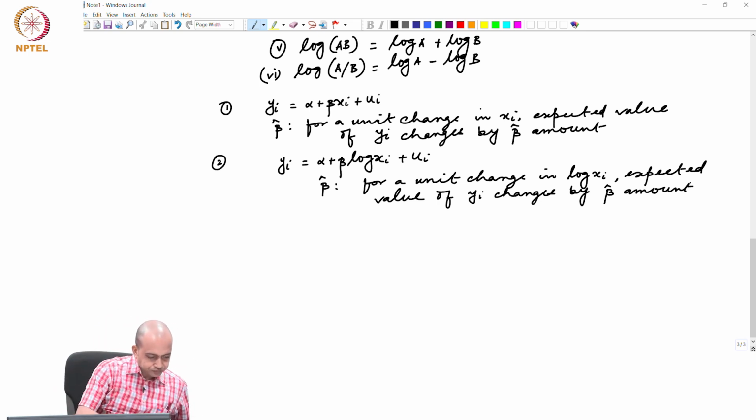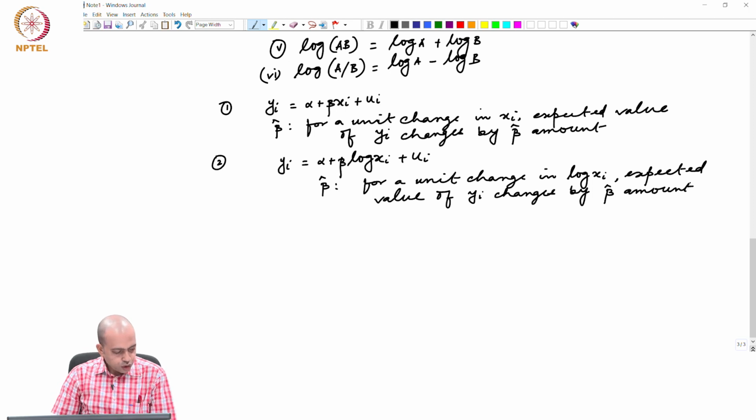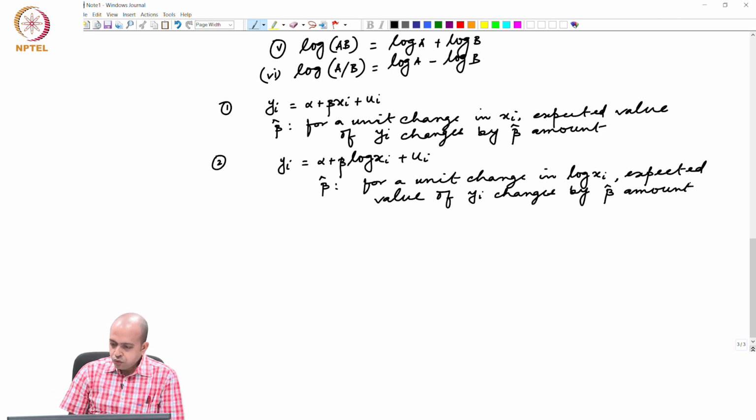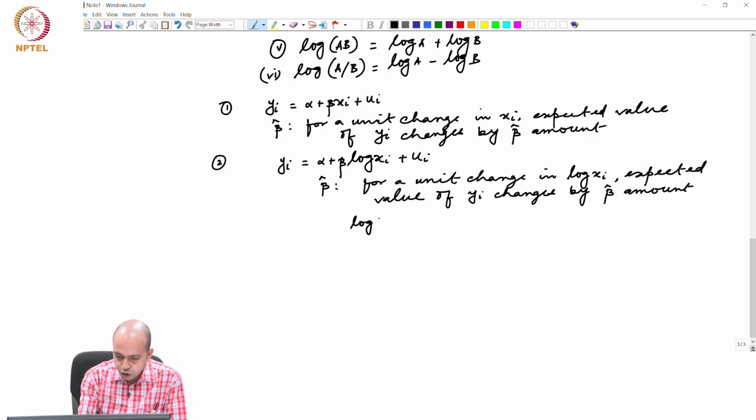How to do this? Let us say that log x is increased by 1 unit. It will become log xi plus 1. This is a 1 unit change in log xi.